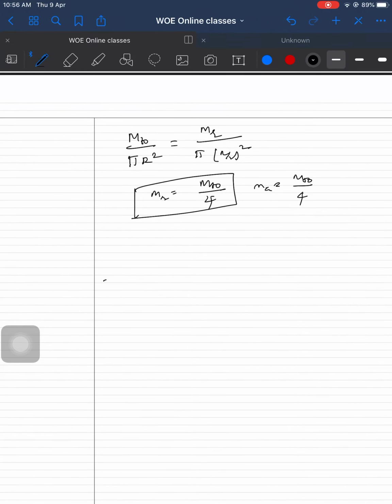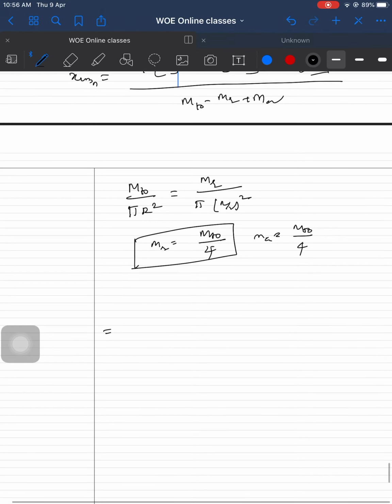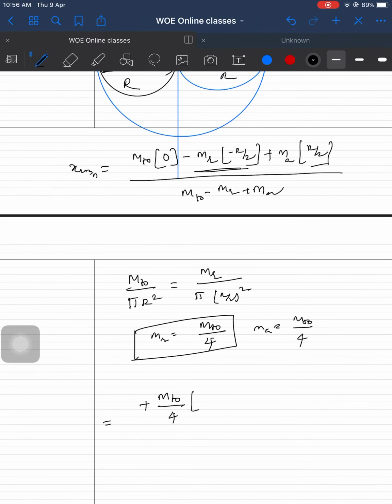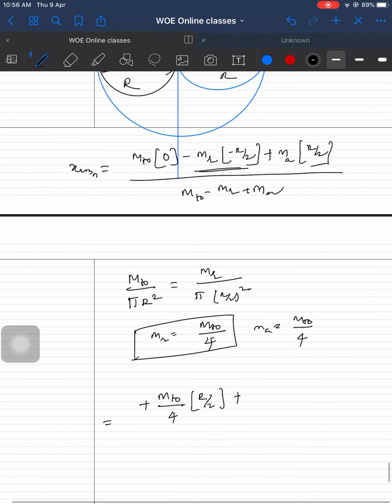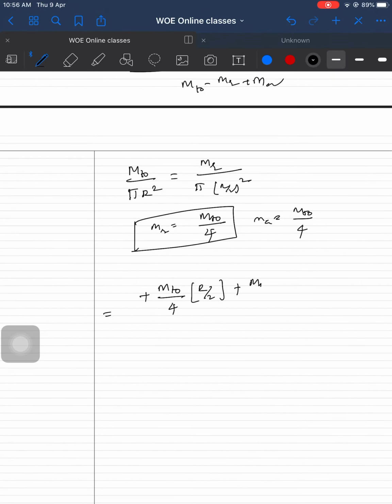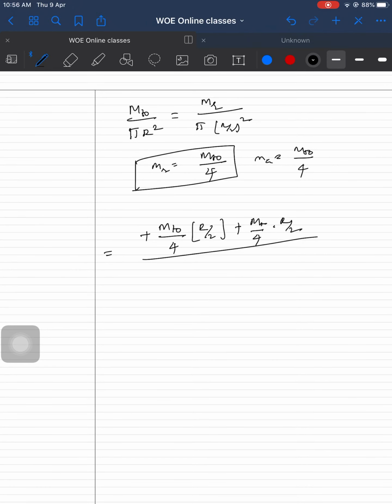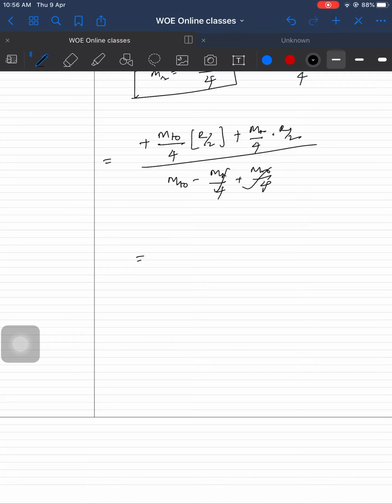Now if you write the equation, m total into 0, minus of minus, plus mass removed which is m total by 4, substituting, into r by 2, plus m total by 4 into r by 2, divided by m total minus mass removed m total by 4 plus mass added m total by 4, it gets cancelled, and m total also gets cancelled.